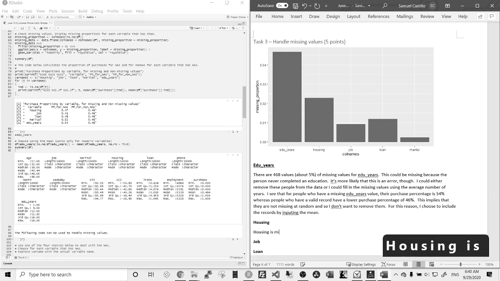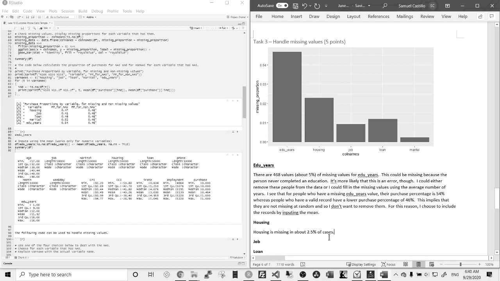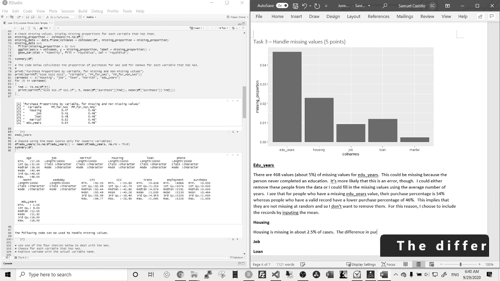Housing is missing in about 2.5% of cases. And consider the purchase percentage. See, housing here is 47% versus 46%. The difference in purchase percentage is just 47% versus 46%. And so I choose to remove these values.